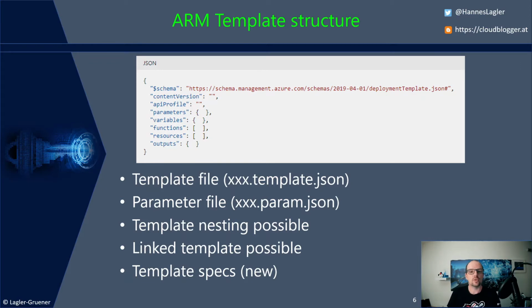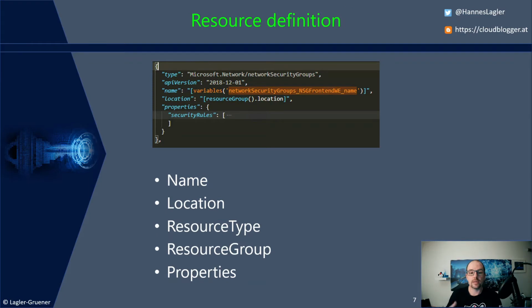Now we want to have a look at the resource definition. Here you can see a really simple resource definition. It's from the resource provider Microsoft.Network/networkSecurityGroups. So this resource definition deploys a resource group, not a resource group, a network security group, I'm sorry.